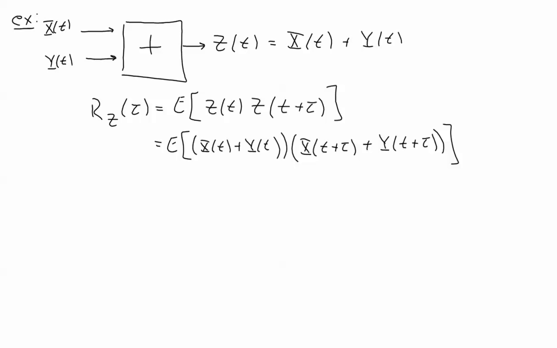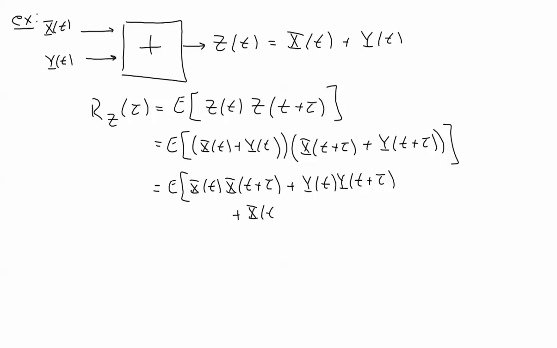All right, do all the cross multiplies, and I get the expectation of x of t x of t plus tau plus y of t x of t plus tau plus x of t y of t plus tau plus y of t y of t plus tau.